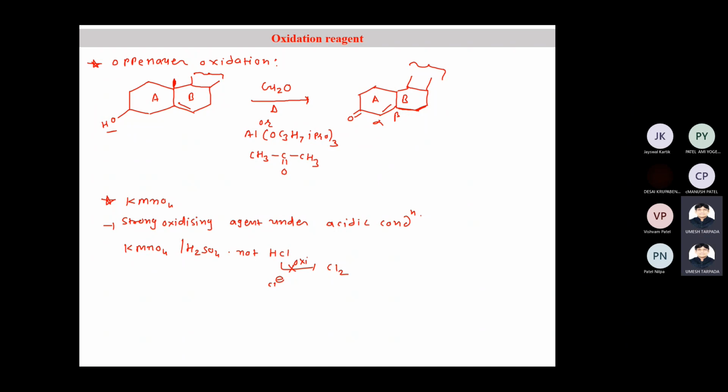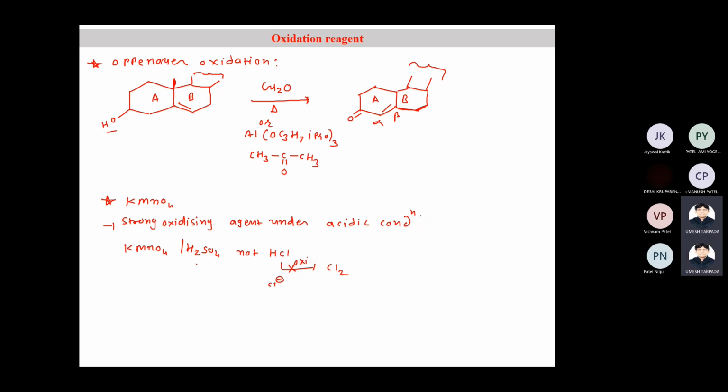Therefore we cannot use this one, but we always use H2SO4. HCl is not used in this case, because Cl minus is there, so Cl gets oxidized and it will give undesired product. So we cannot prefer this one.